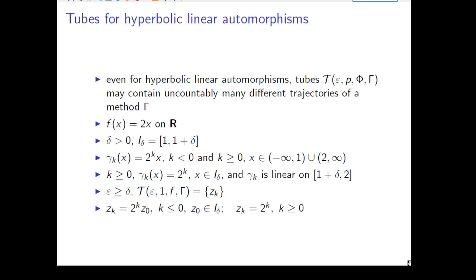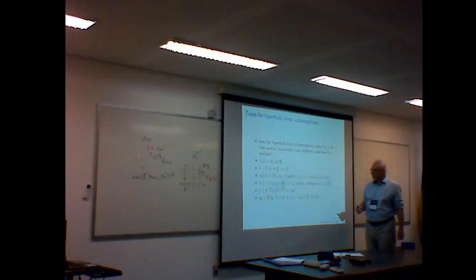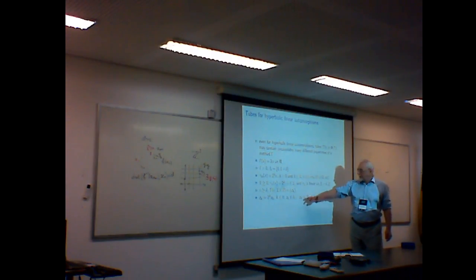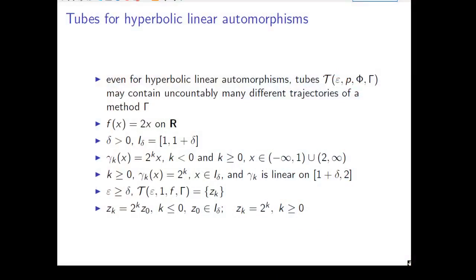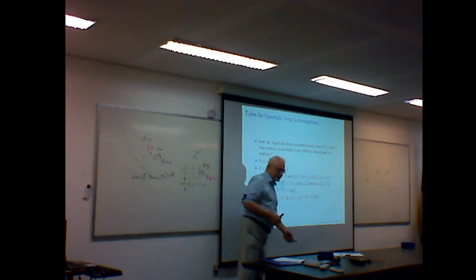They are 2 to k z0, where z0 is from this interval, and 2 to k for non-negative k. And so there is an uncountable family, because z0 takes continuum many values.